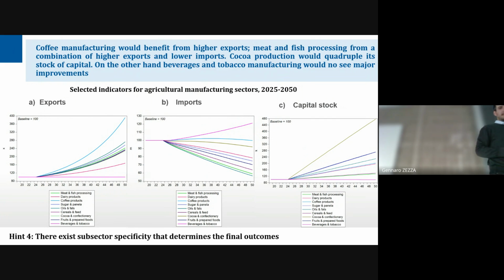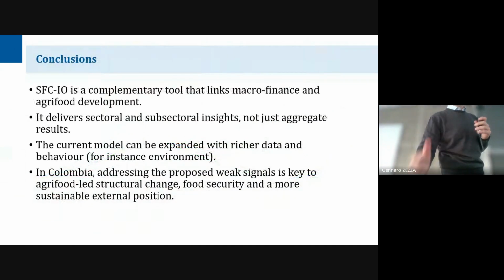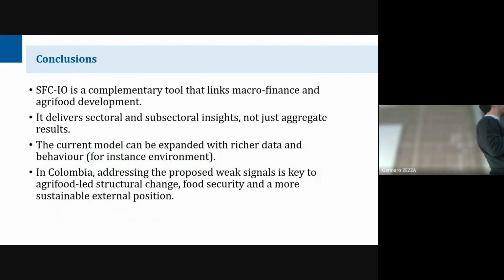So I think that this truly preliminary exercise, hopefully, will explain to my colleagues that we can perform sectoral and subsectoral analysis indeed using the input-output methodology. And these subsectoral insights complete a broader picture of macro-financial linkages with agri-food development.